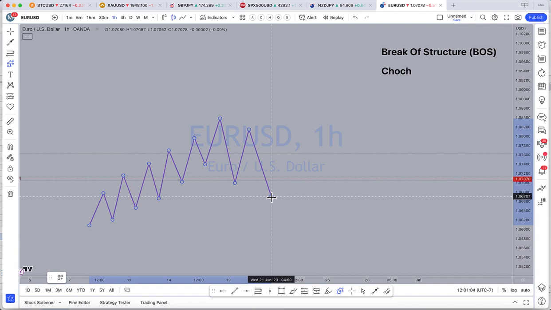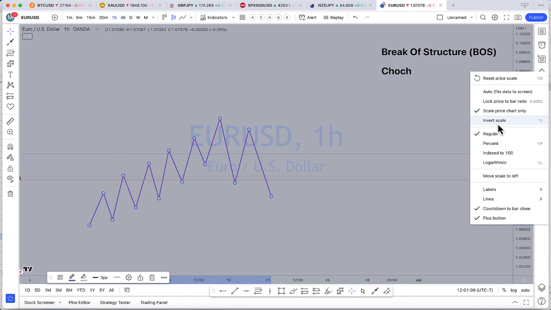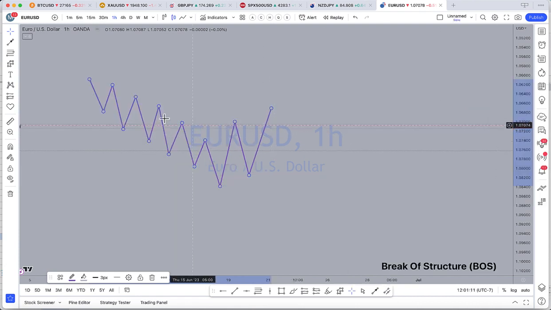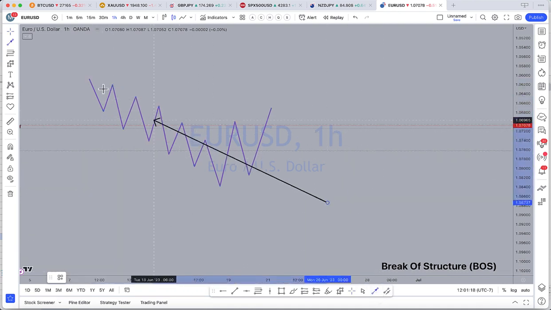All right. And if it's going the other way, it's just the opposite. Let me invert this, right? When it's coming down, right? It's creating lower highs and lower lows. It's an obvious pattern, right? Obvious pattern. And then all of a sudden, boom, it breaks that structure. It gives you that change of character. The character's changed. The pattern's changed. Right?